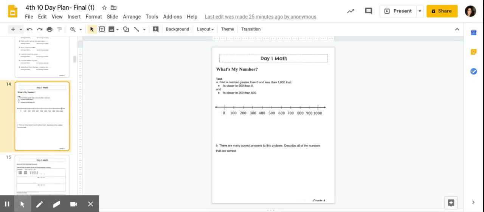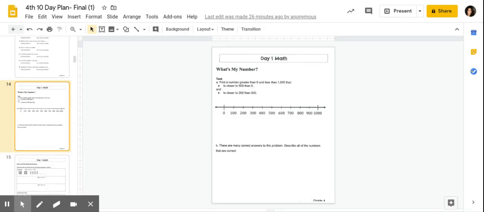And so in part B, it says there are many correct answers to this problem. Describe all the numbers that are correct. So, really, there could be multiple answers, and I don't want you to write down a bunch of numbers. I just want you to give a range.